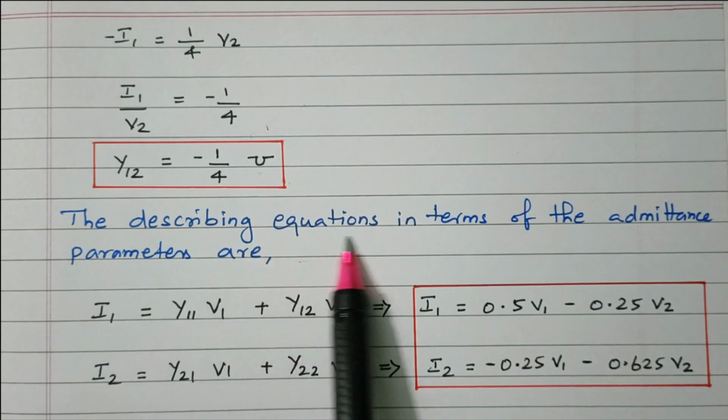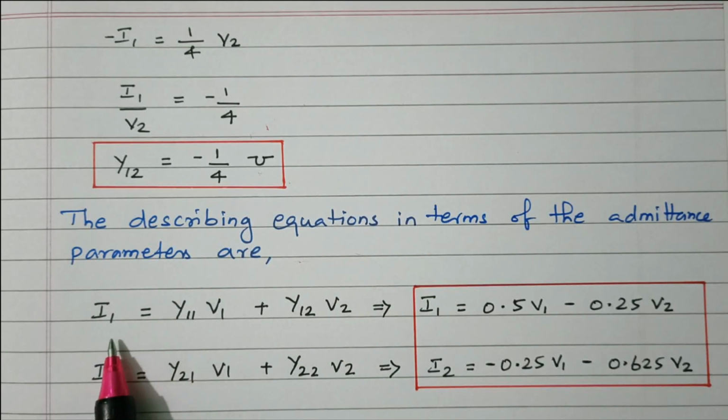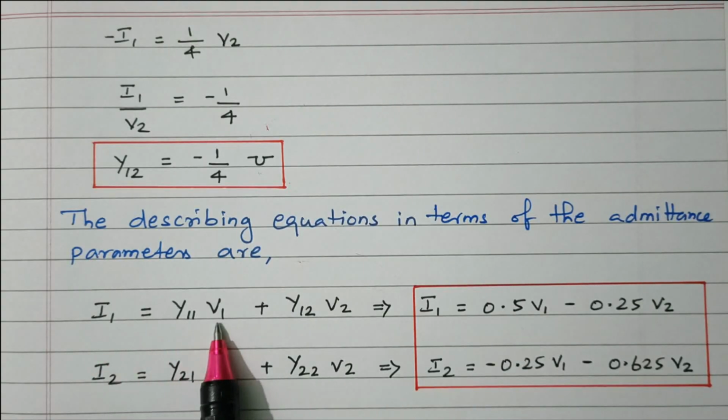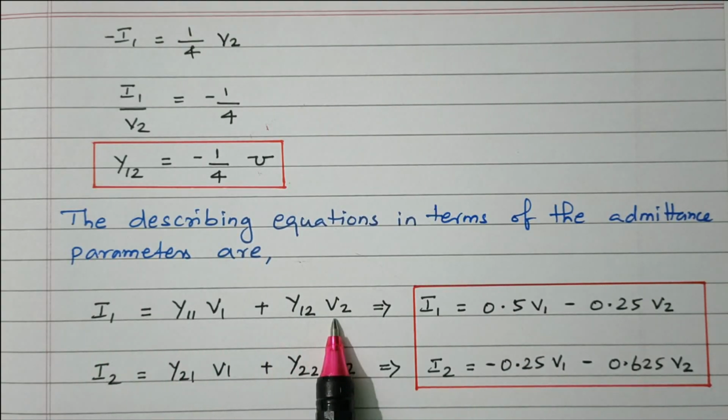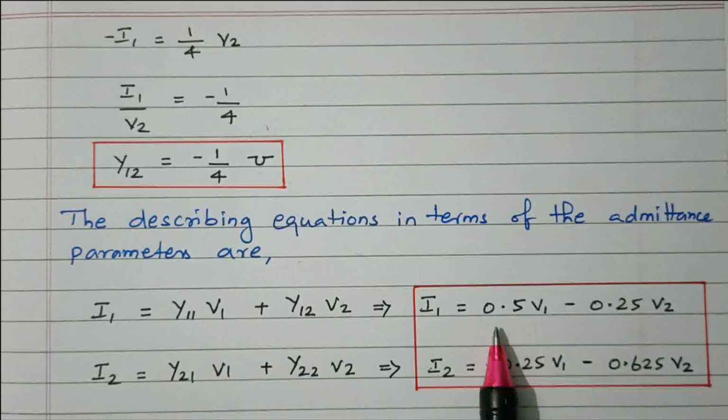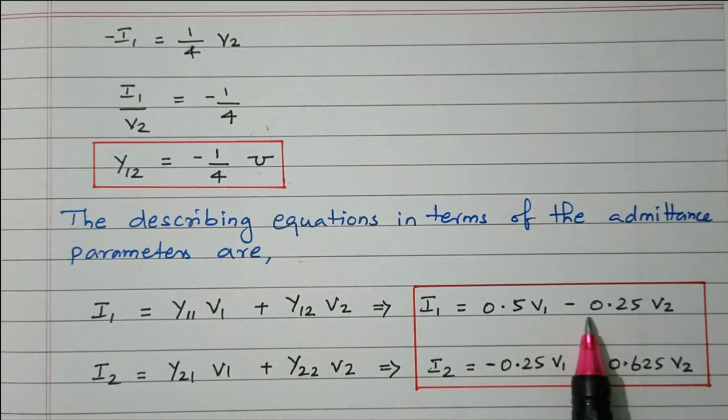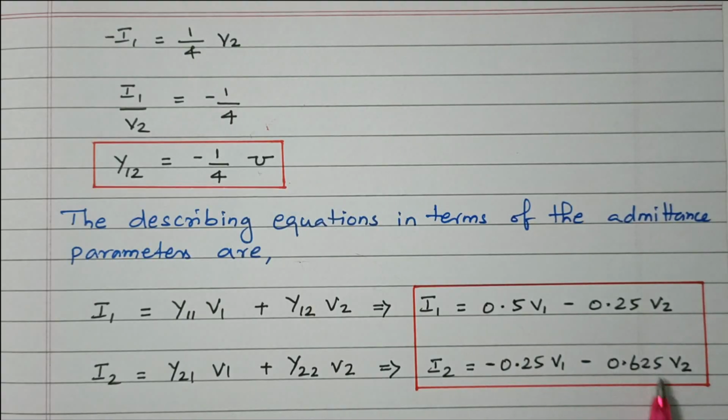The describing equations of the admittance parameters are I1 equals Y11 V1 plus Y12 V2, and I2 equals Y21 V1 plus Y22 V2. We calculated all these four parameters. Y11 is 0.5, Y12 is minus 0.25, Y21 is minus 0.25 and Y22 is 0.625.